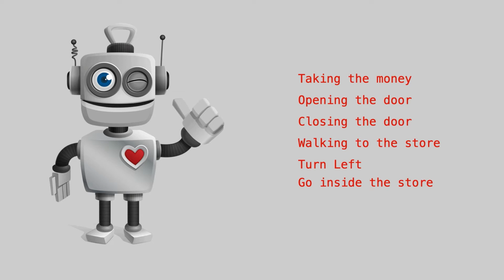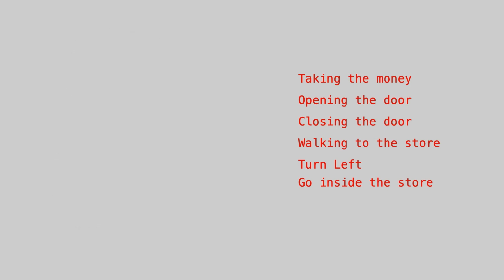Now come the next day and you need to get some more milk. Well, you have to specify all of these instructions again, and that would be incredibly annoying. So here is where functions come to the rescue. With a function, you can bundle all of these individual instructions into a single instruction.